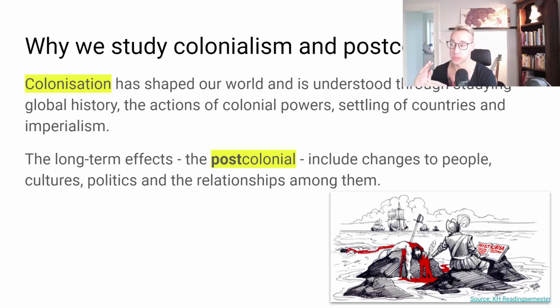It could also be the cultures that were clashing and the way cultures have changed because of this. Politics, and essentially there are a lot of topics that influence one another. In contrast to colonization, which is the historical event, the action itself, we are going to focus on the effects.